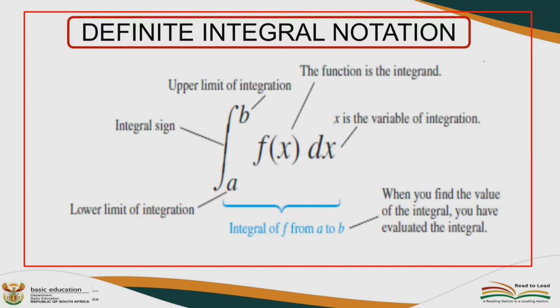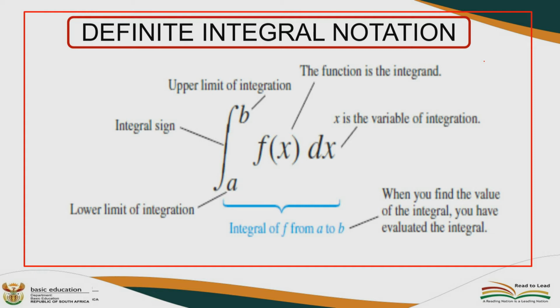But then, what is to be integrated? There must be a function, f of x, which is the function to be integrated, and from the lesson that we learned on the indefinite integral, we call it the integrand. This is integrated in terms of a variable, and in our case here, our variable of integration is x.